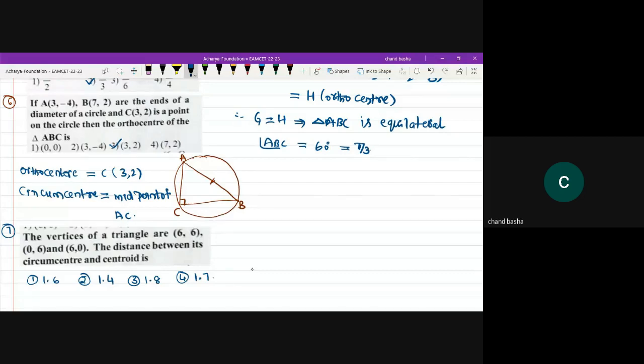So it's very easy to find out the centroid first. First calculate the centroid, and then think about the circumcenter. As I said, when the circumcenter is asked, something is related to your centroid.